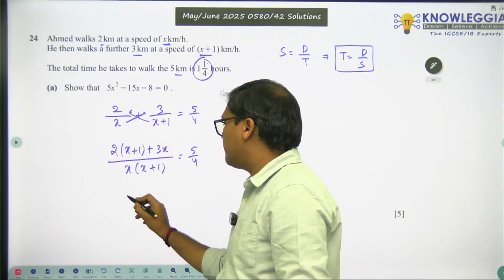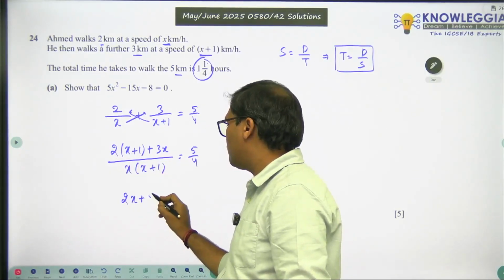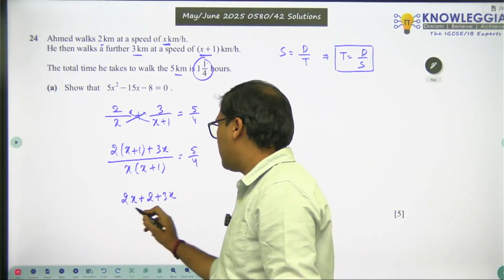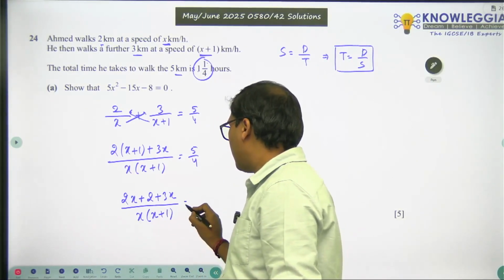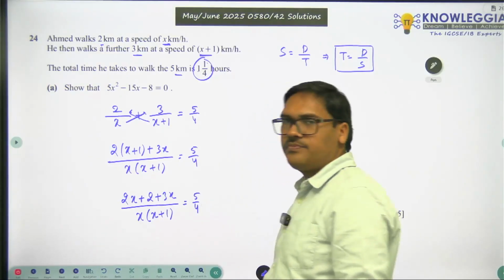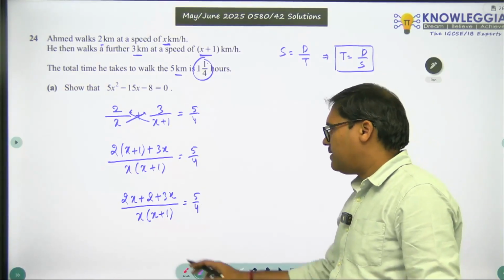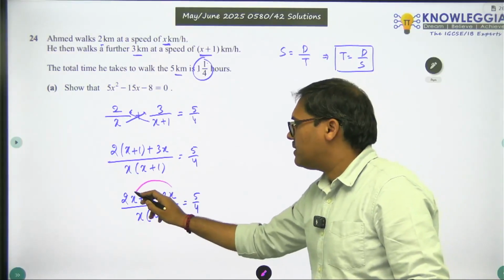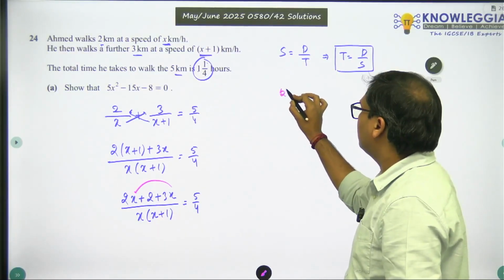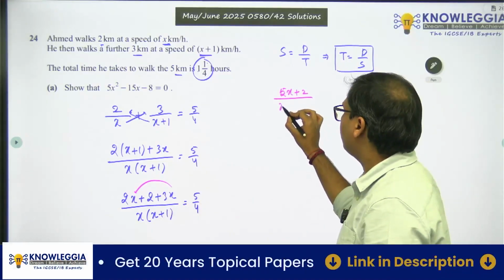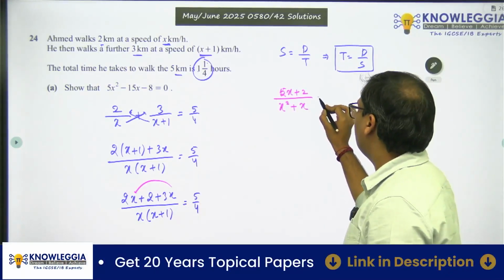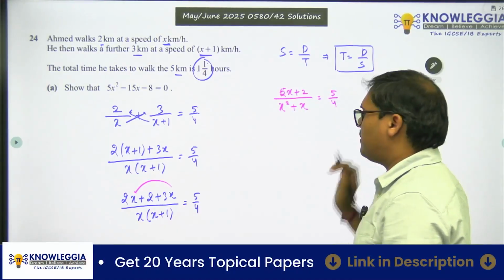This is 2x plus 2 plus 3x upon x into x plus 1, equal to 5 by 4. So now 2x and 3x will become 5x plus 2, divided by x square plus x, equal to 5 divided by 4.